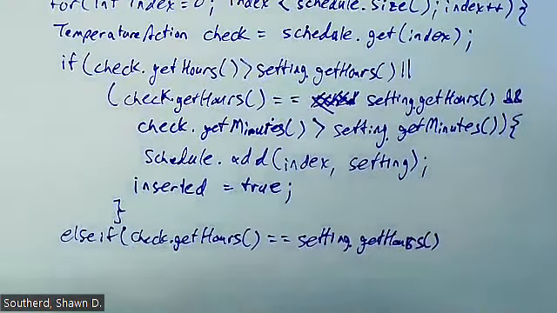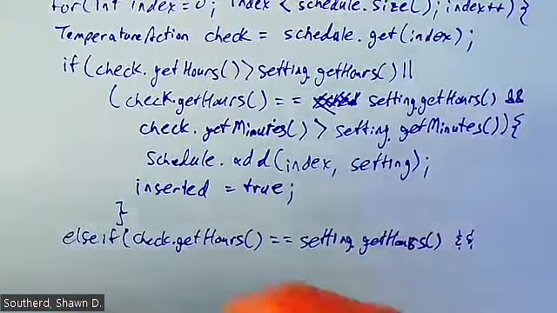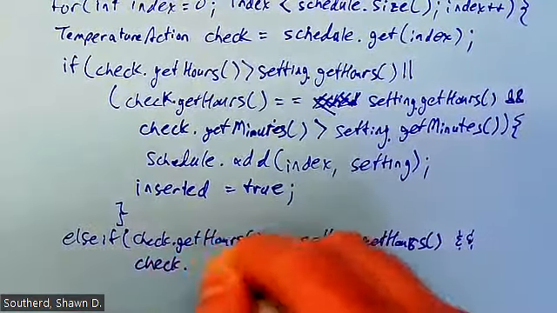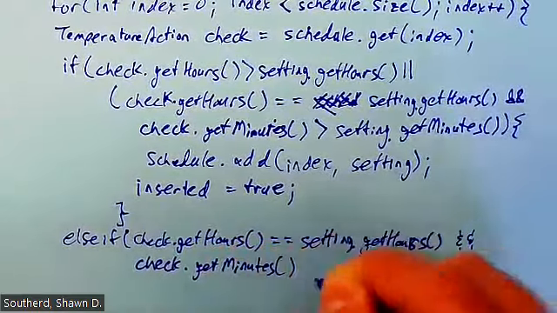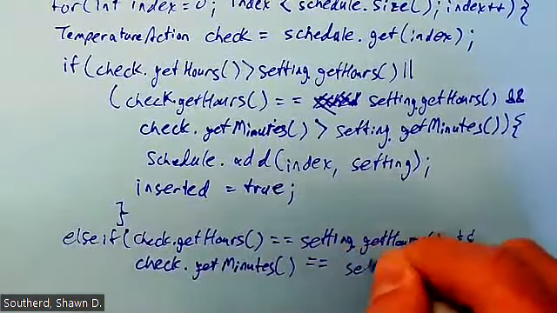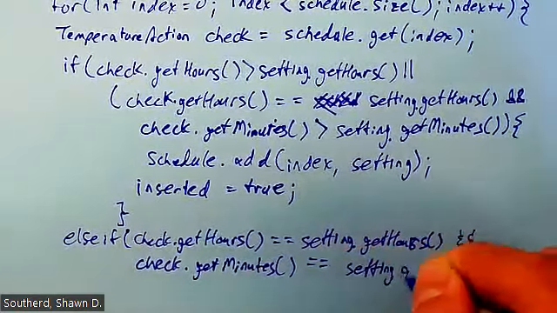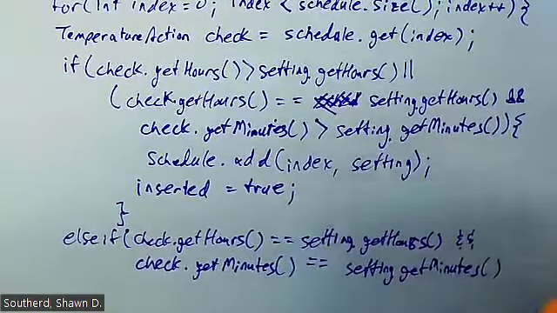So if that's the case, and at the same time, the minutes are the same for what we have in the schedule as they are for the setting, then in this case, you'll see in the prompt that you have to overwrite the current setting.